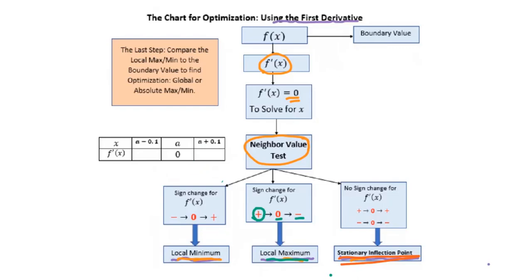If both are negative, then you could predict the graph. See, this is going down, then goes here, then going down again. So you can sketch the graph like this. You see, this is the point. It's a stationary inflection point.